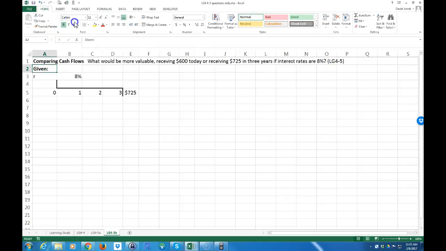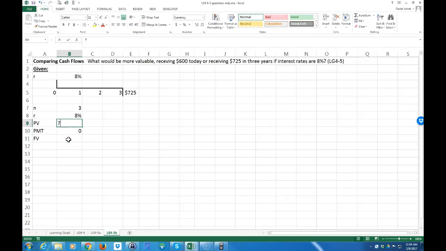And go bold and underline. All right, and then we can go in here and put N, R, PV, PMT, future value. N is equal to 3, R is equal to 8%, payment is 0. Oh, I got that backwards.